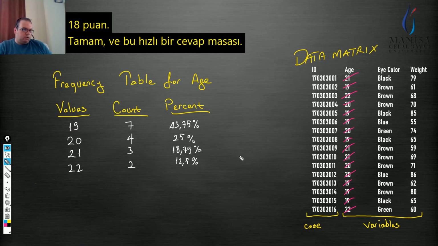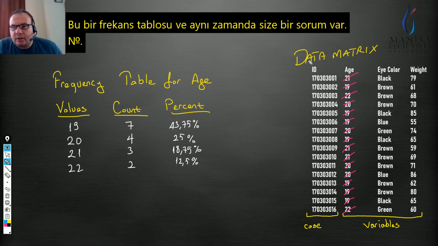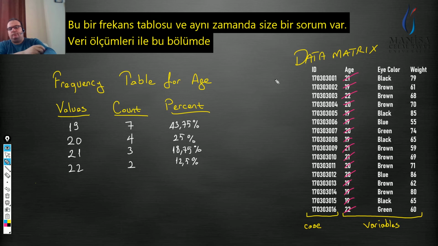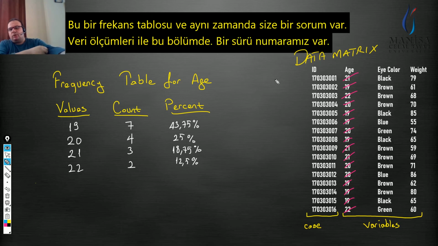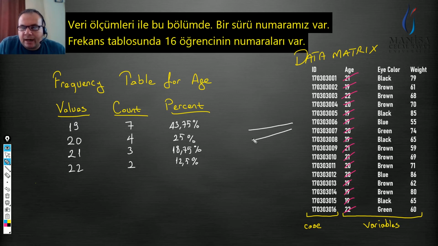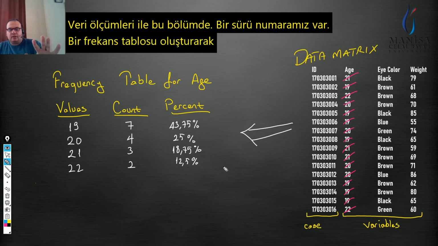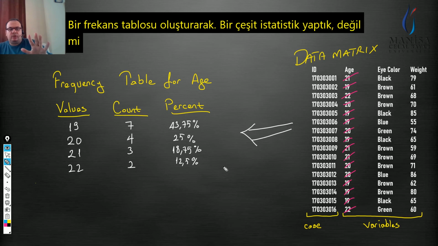Also I have a question for you. In this part with the data matrix, we have the numbers for 16 students, and by creating a frequency table, we just did a type of statistics, right? But what kind of statistics?